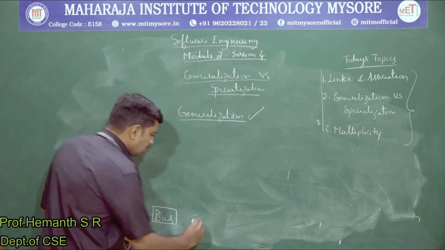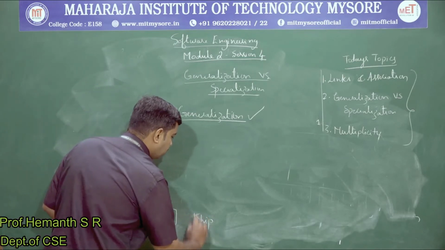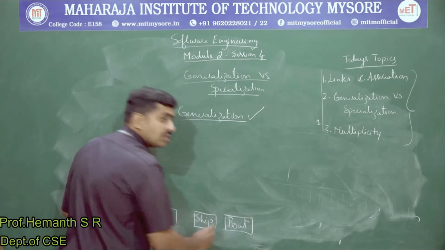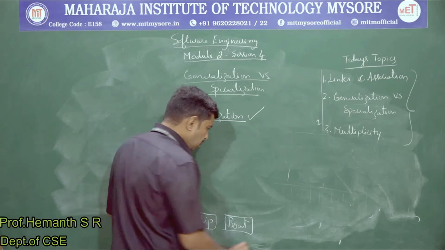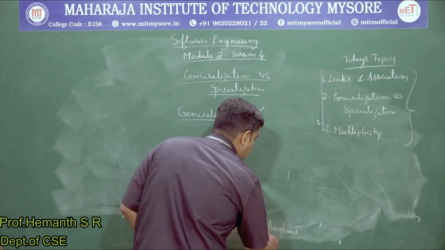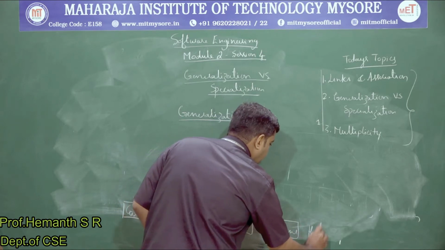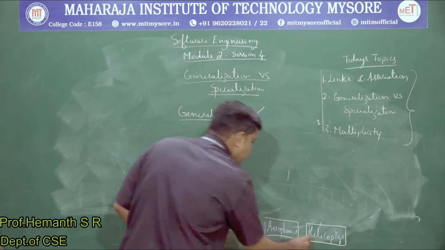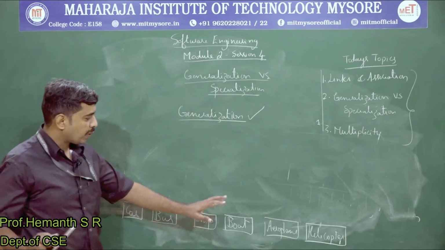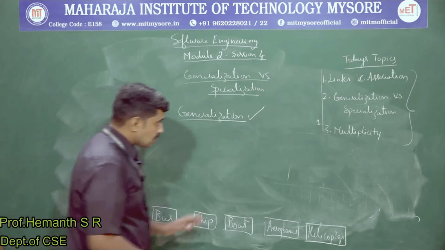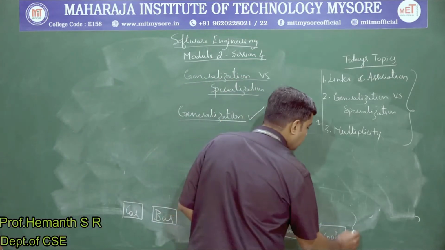Ship and boat are two more subclasses. And one more set of subclasses we have created: aeroplane and helicopter. So these are the specializations that we have.